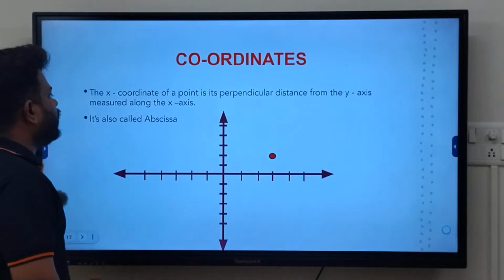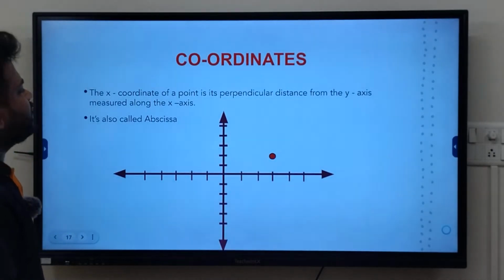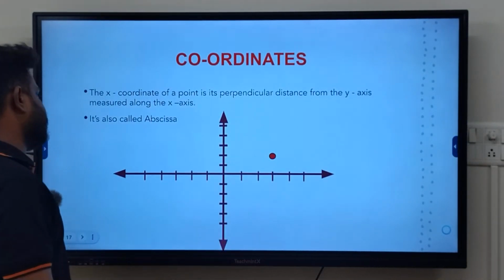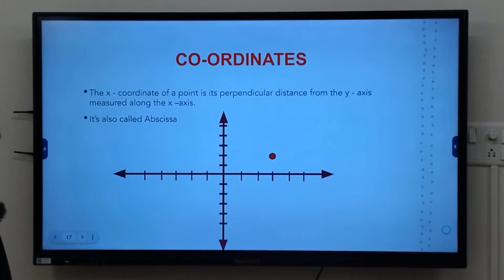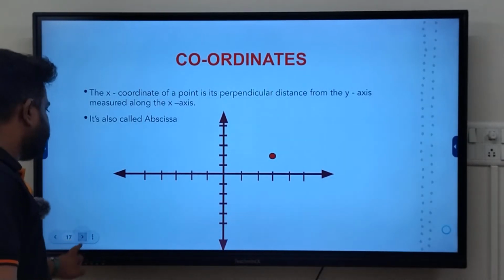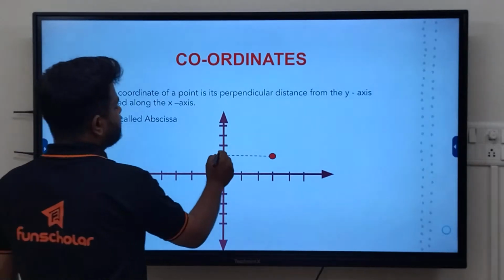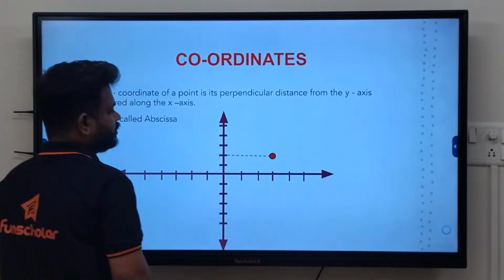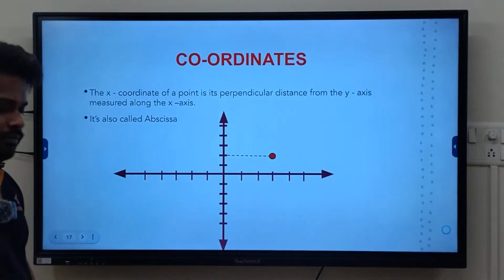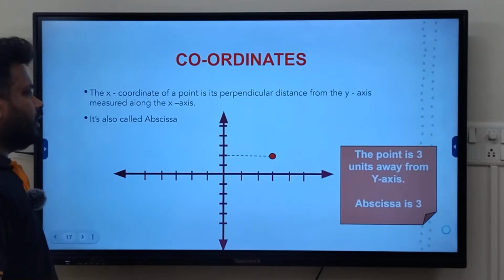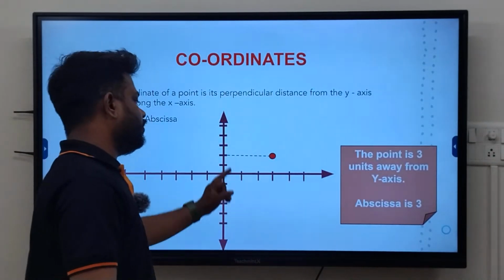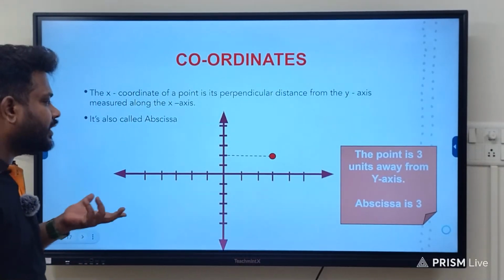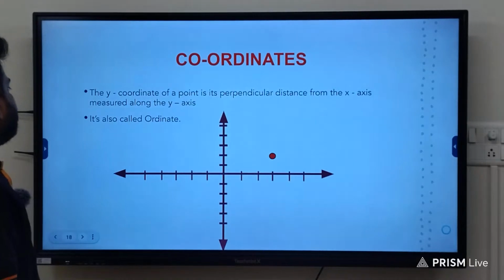The x coordinate of a point is its perpendicular distance from the y-axis measured along the x-axis. It's also called the abscissa. So the distance from the y-axis to this point will be like this. The point is 3 units away from the y-axis, so the abscissa is 3 units, or simply 3.